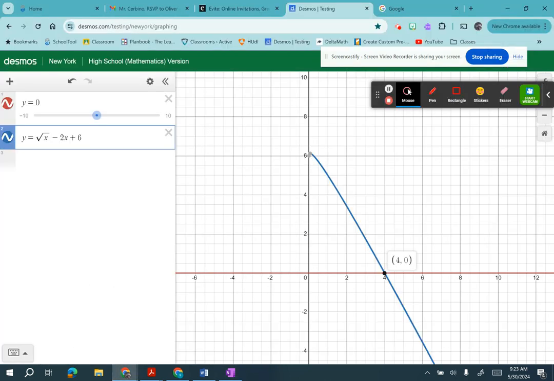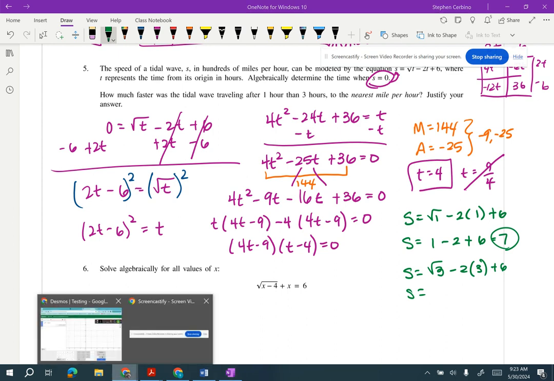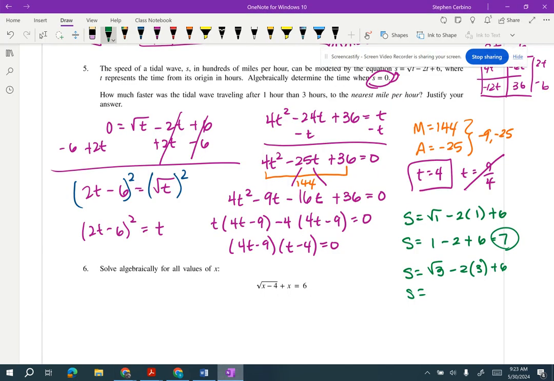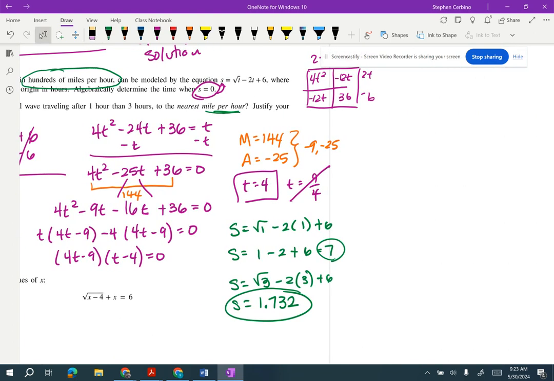So let's type that into our calculator. So we have the square root of 3 minus 2 times 3 plus 6. And we get 1.732. Now it says how much faster in miles per hour. Well, in this problem, it says that s is in terms of hundreds of miles per hour. So for this first value, this is actually 700 miles per hour. 7 times 100, 700.